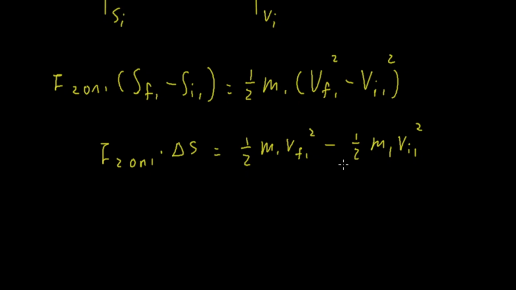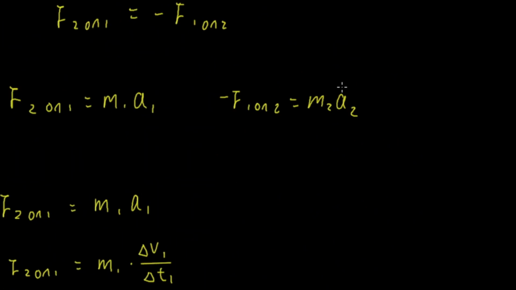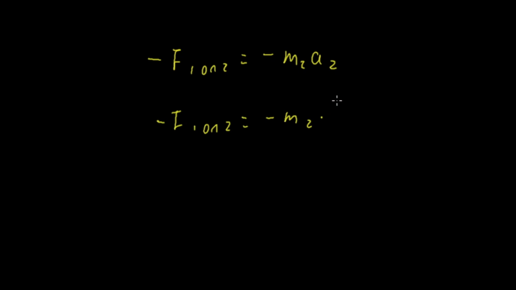Okay, now next we will talk about this one here, and we will do exactly the same thing. Negative force of 1 on 2 is equal to negative m2 acceleration 2, right? And of course, acceleration is changing velocity over time, right? So that would be this, change in velocity 2 over change in time 2.